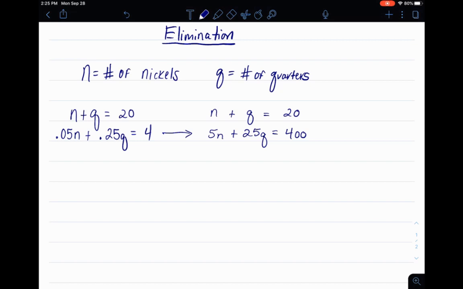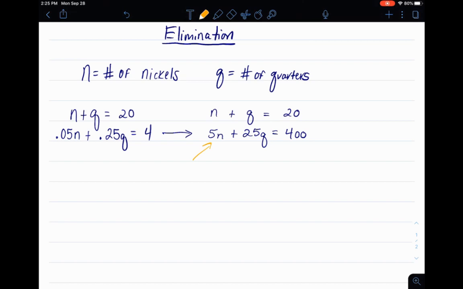So what do y'all want to drop out? Which variable? Doesn't matter which one we take. N. Okay. So if I have 5N on the bottom, what would the top need to be to where when we added them together, they canceled?